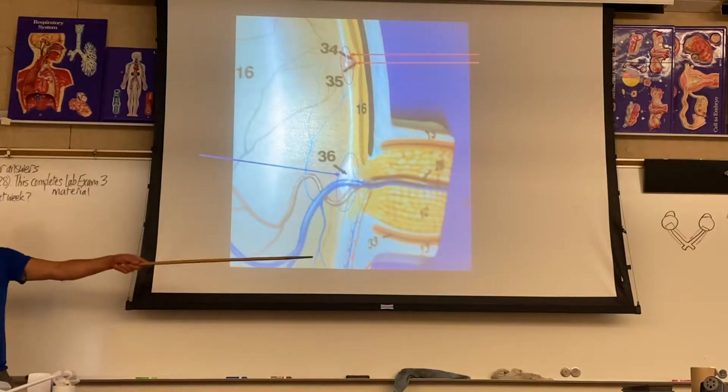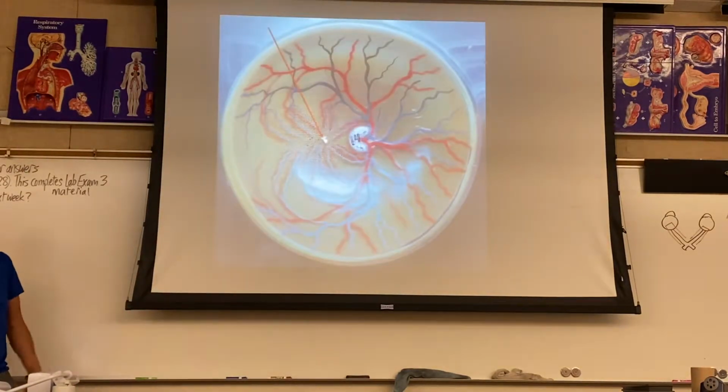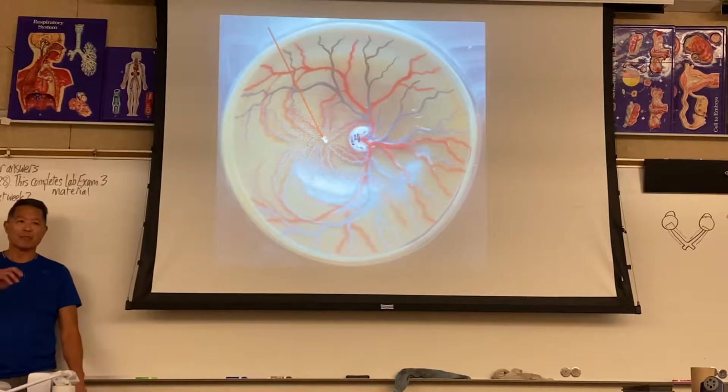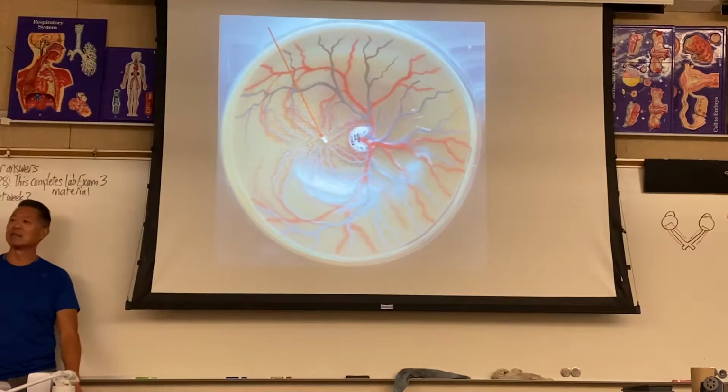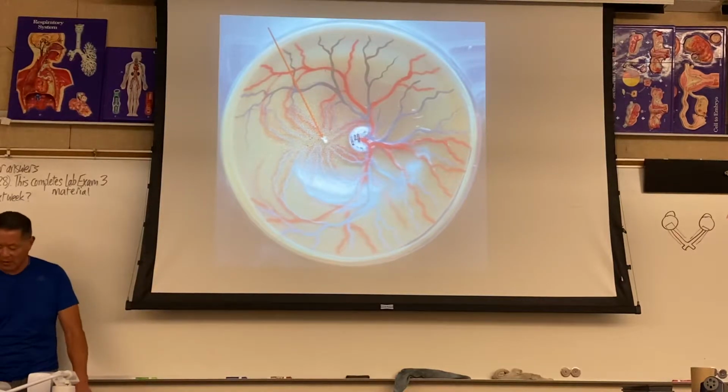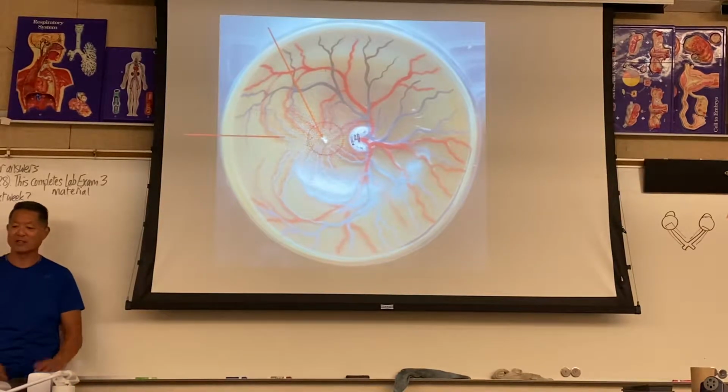Now this model doesn't really orient it well. This orients it better, on this slide. You're looking at the right retina. The whole orange thing is the right retina, of which the orange arrowhead is on the fovea centralis, and it's in the middle of the macula lutea.